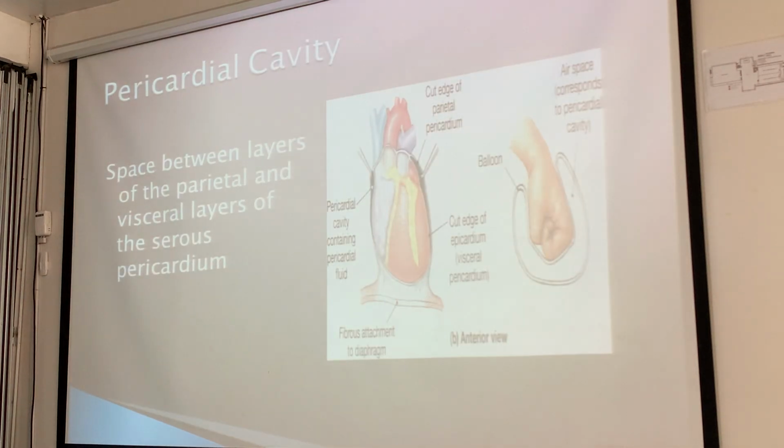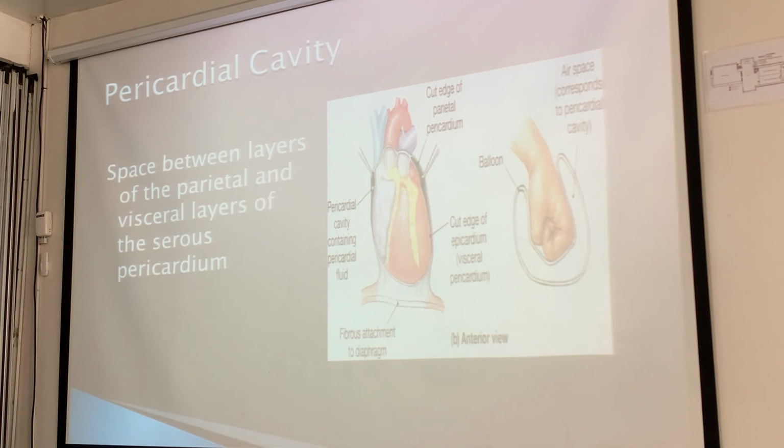Okay. Again, the space between the parietal and visceral layers, this particular example will tell you that if you try to put a fist between these two layers, it follows the shape of your fist. And the shape of that particular fist will determine also the shape of the pericardial space in between.